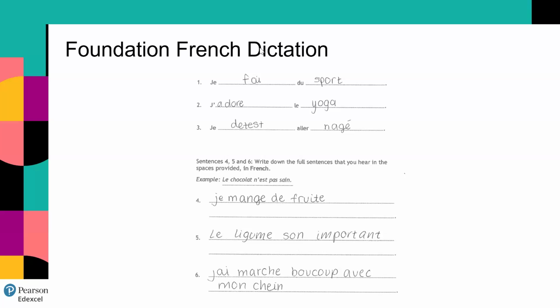And here, as a teacher, we know what they mean. Okay, we've got beaucoup, but actually, if I read it aloud with the French system, it is beaucoup. And beaucoup is not beaucoup, so it's wrong. And then avec mon, and then again, chien, we know here they mean dog, but actually, if I read it aloud, is chien, and chien is not chien.